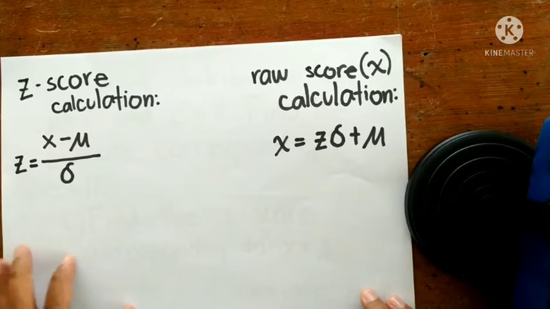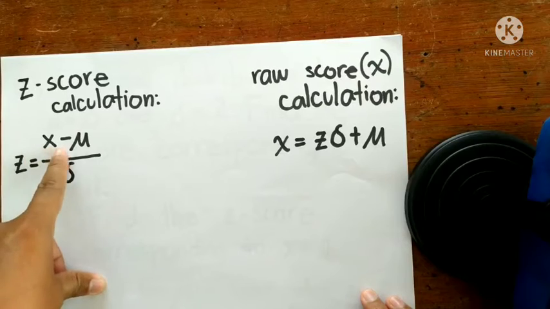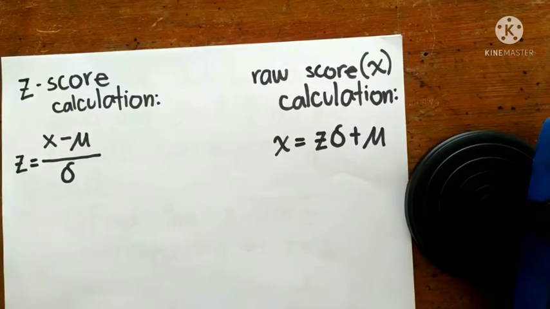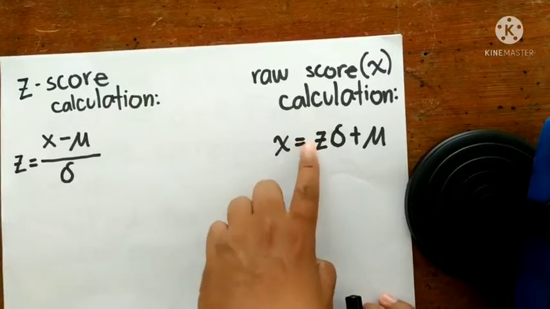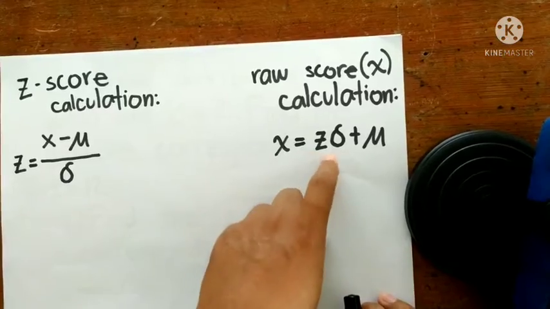In calculating the z-score, we need to remember that z is equal to x minus mu over sigma. And in calculating the raw score, x is equal to z sigma plus mu.